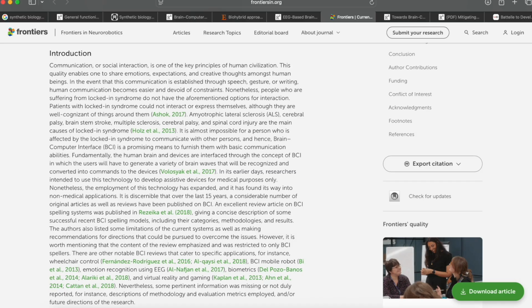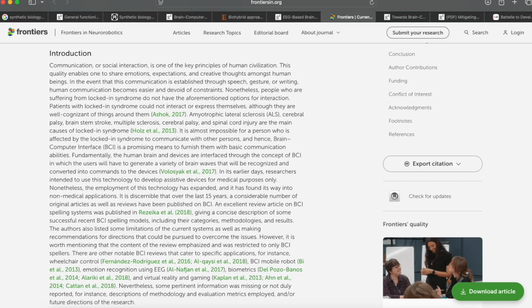It is discernible that over the last 15 years, a considerable number of original articles, as well as reviews, have been published on BCI. An excellent review article on BCI spelling systems was published in 2018, giving a concise description of some successful recent BCI spelling models, including their categories, methodologies, and results.